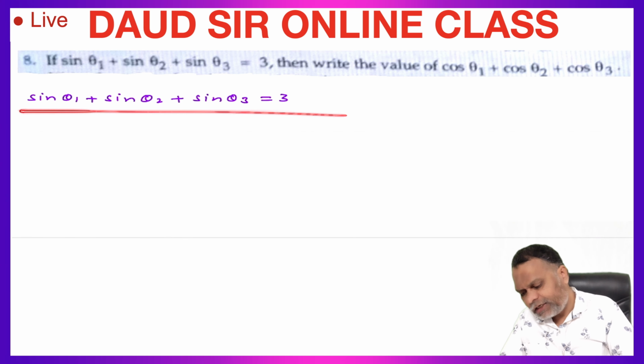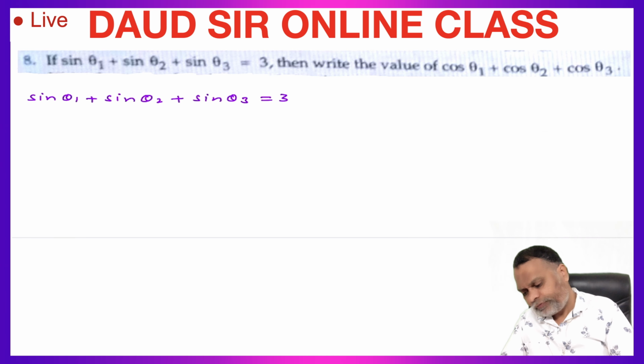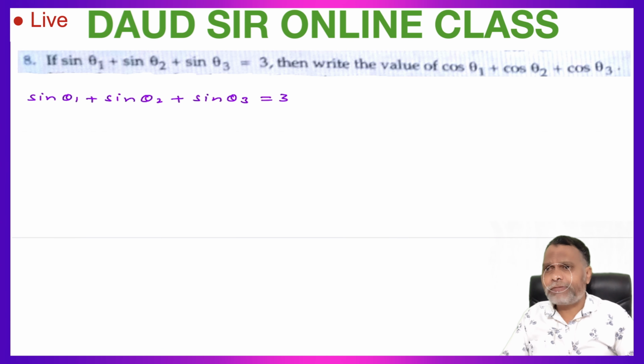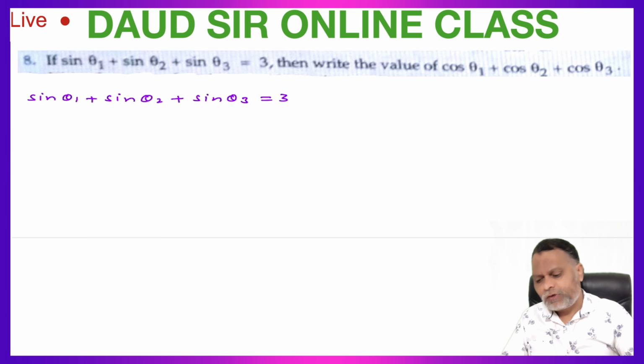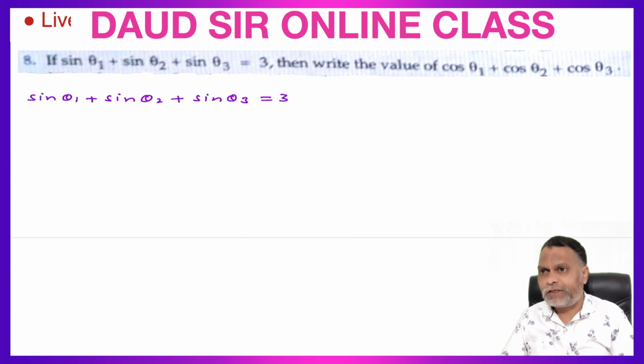So notice this condition, sin theta 1 plus sin theta 2 plus sin theta 3 is equal to 3. So you know the maximum value of sin theta is 1 only. So this condition is only true when sin theta 1 is equal to sin theta 2 is equal to sin theta 3 is equal to 1. Then 1 plus 1 plus 1 is equal to 3.